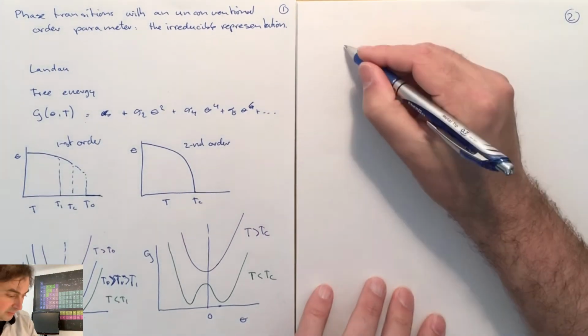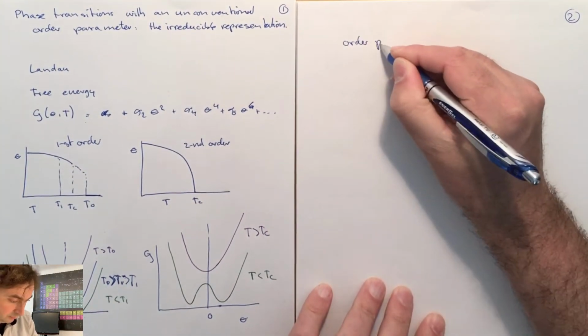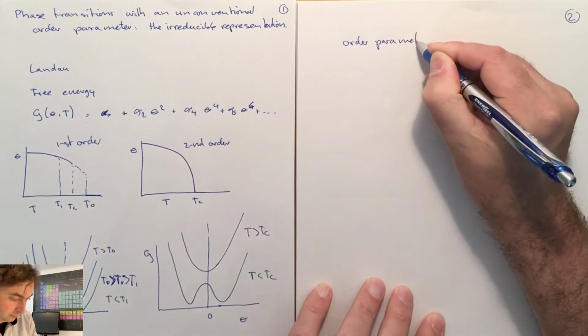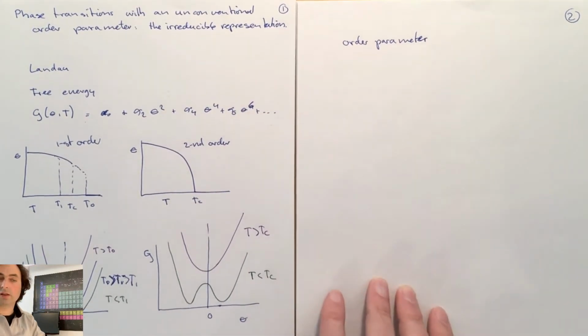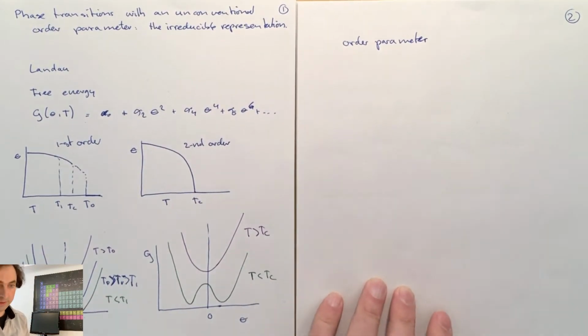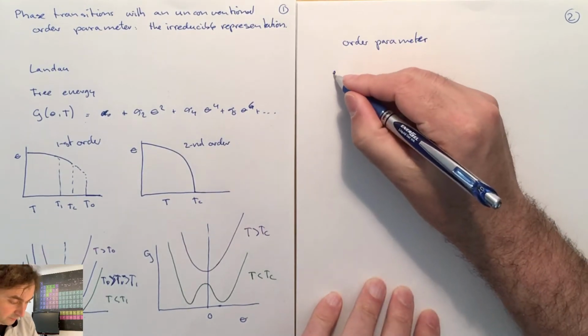Now the order parameter in Landau's original paper is related to a reduction of symmetry.